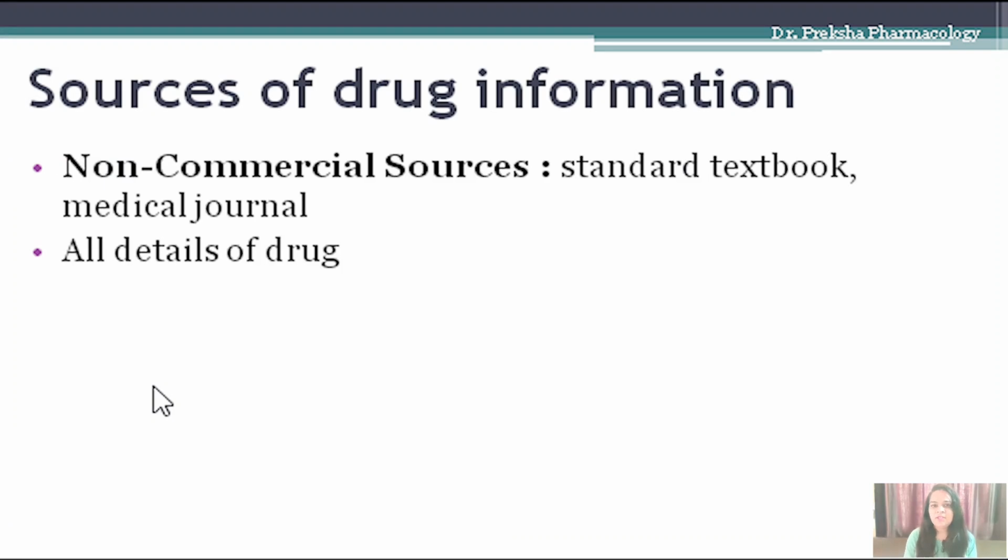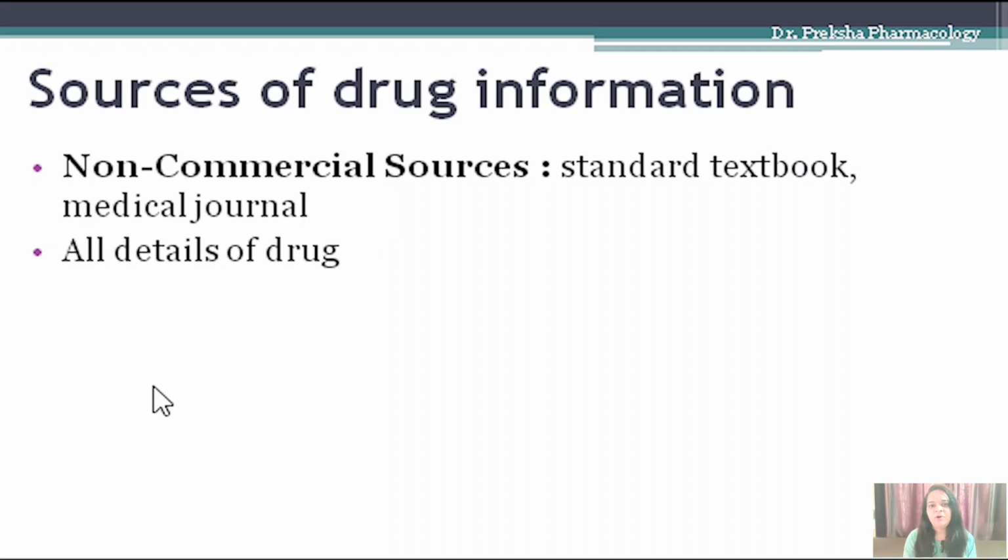If we summarize today's class, non-commercial sources are the standard textbooks and medical journals which provide all the details of the drug. They provide all the information about the drug, like indications, mechanism of action, pharmacological action, contraindications, drug-drug interactions, doses and administration, and special situations like pregnancy, renal failure or liver failure.